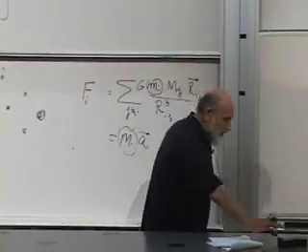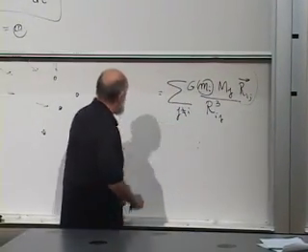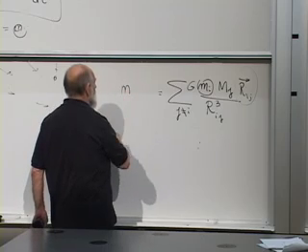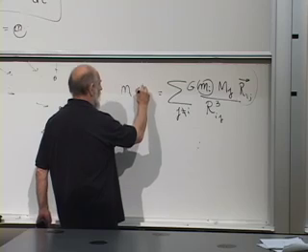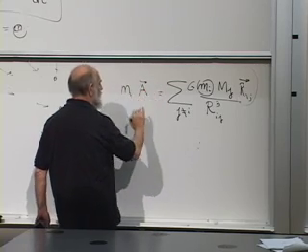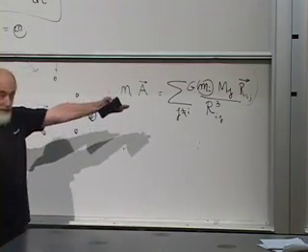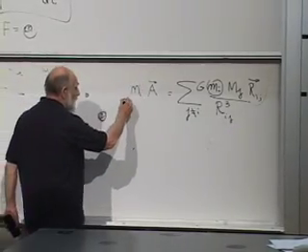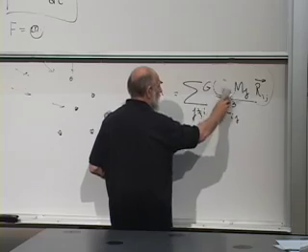Let's erase the intermediate step and write that this is m_i times a_i, but let me call it now capital A, the acceleration of a particle at position x, is given by the right-hand side. And we can cross out the m_i because it cancels from both sides.